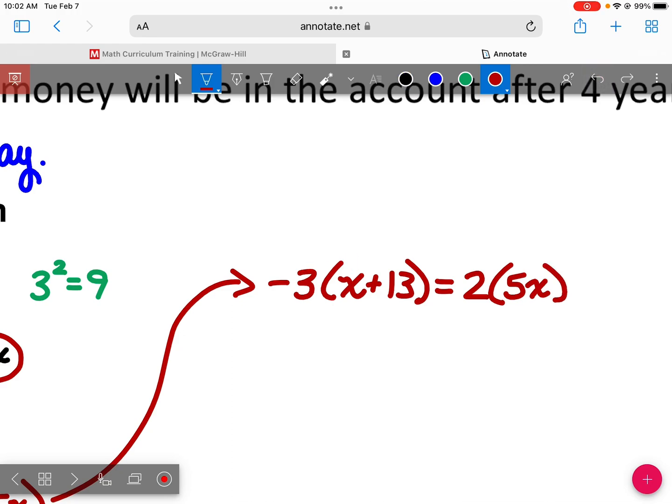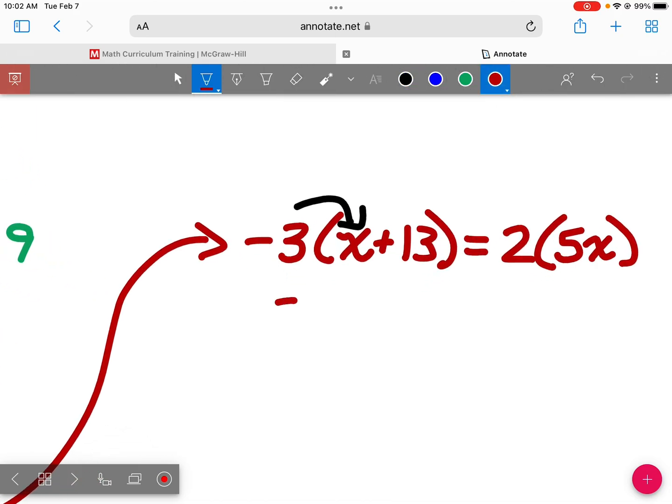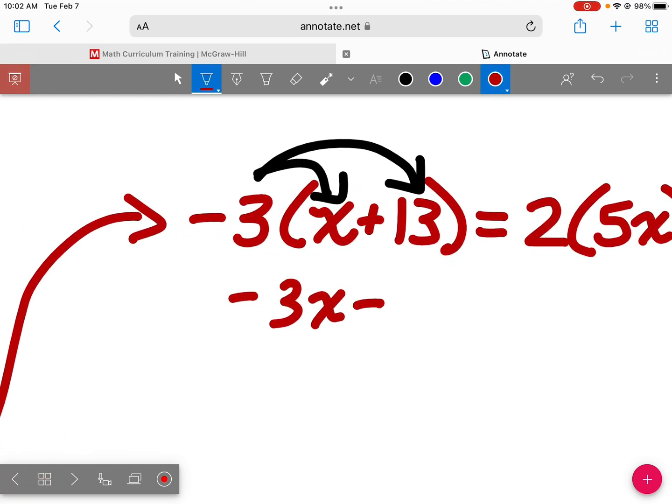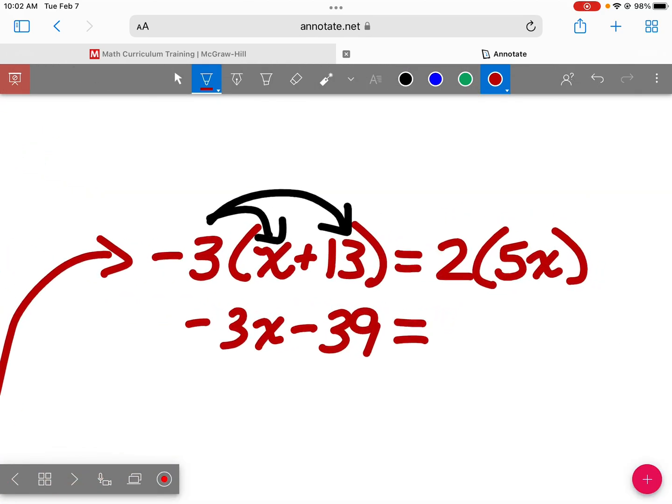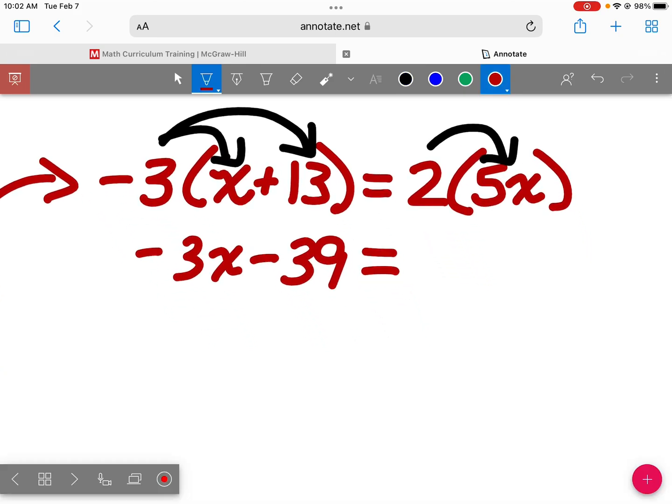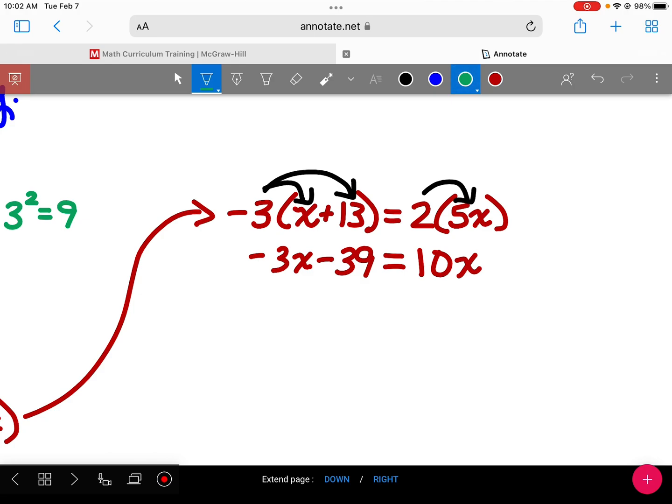I know when I distribute this negative 3 to x, I know that gives me negative 3x. What happens when I distribute here to the 13? Negative 39 equals, and now I have to multiply these together. What is 2 times 5x? 10x.